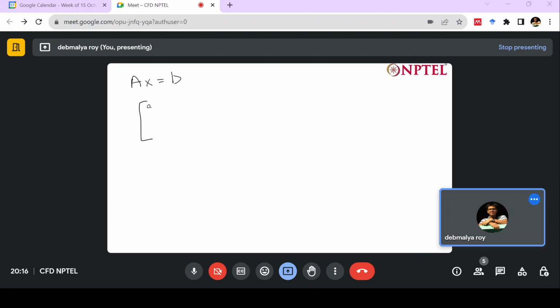Where A will be a11, a12, up to a1n, a21, and so on, and an1 to ann. It will be a square matrix. Why a square matrix? Because you have n variables, x1 to xn, so you will need n equations.